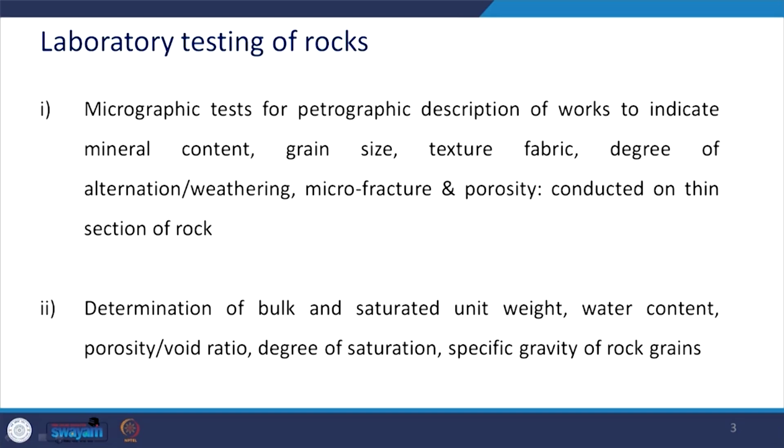These all fall under the category of tests which are done to identify the mineralogical composition of the rock. These are conducted on a thin section of rock. As I mentioned, it is beyond the scope of this course, where we are focusing mainly on the engineering characteristics of the material called rock.